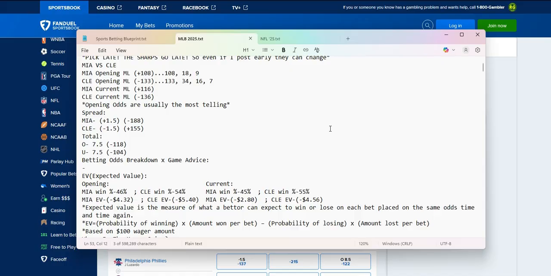And win percentage, Miami win percentage 46% based off the opening odds. 46% going opening. Cleveland win percentage 54% based off that minus 133.